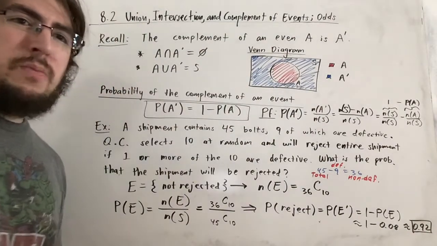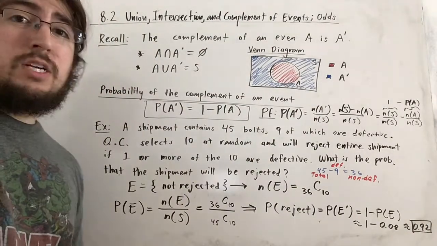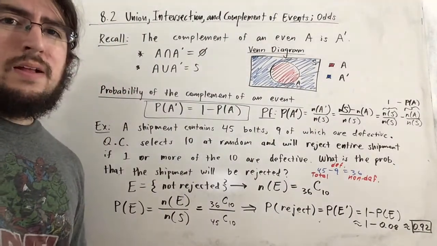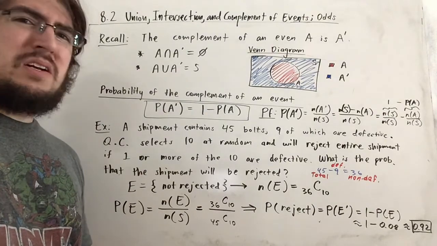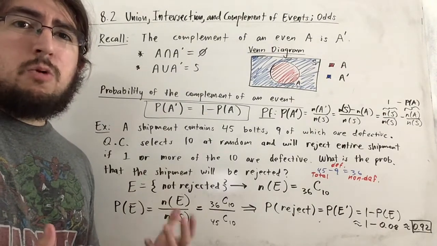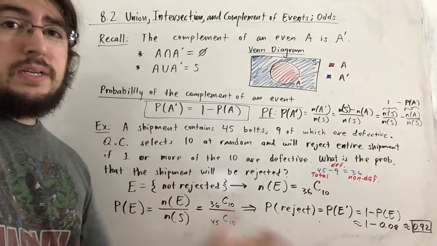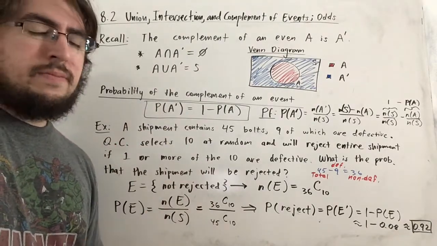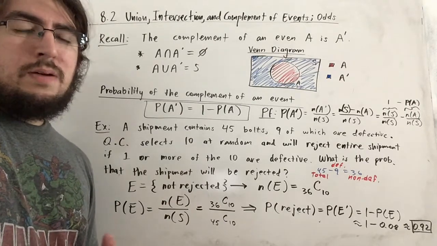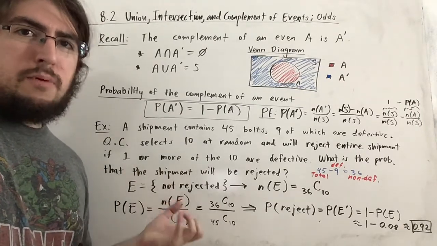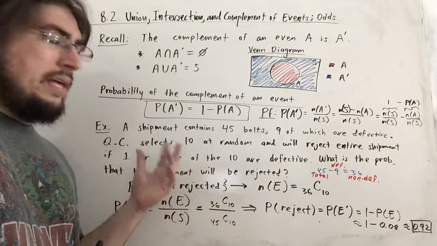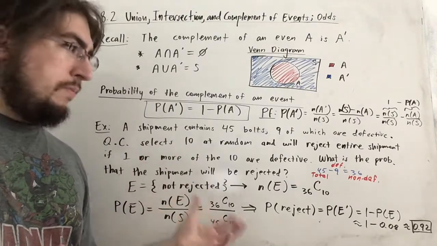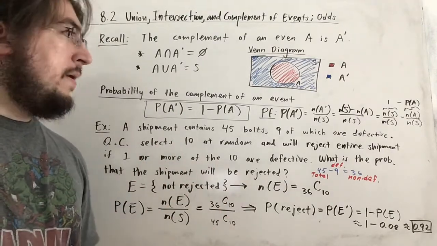So there's a 92% chance that we'll actually reject the shipment with this method, which I guess is a good thing if you think about it, because that means our quality control is actually pretty efficient, 92% efficient, provided this scenario actually happens. But that goes a little beyond the question, but it just kind of goes to show the practicality of probability and why these methods are kind of chosen, basically because of probability.